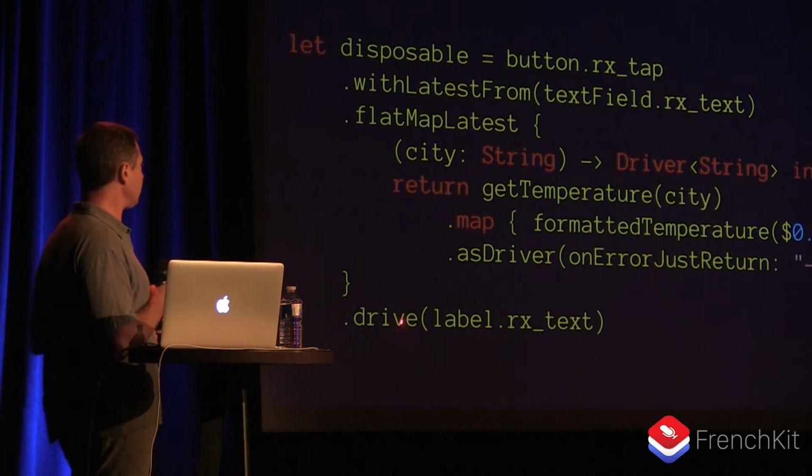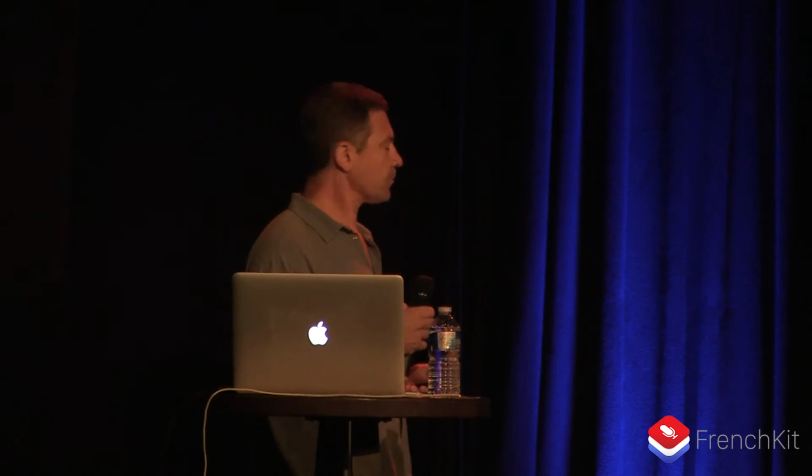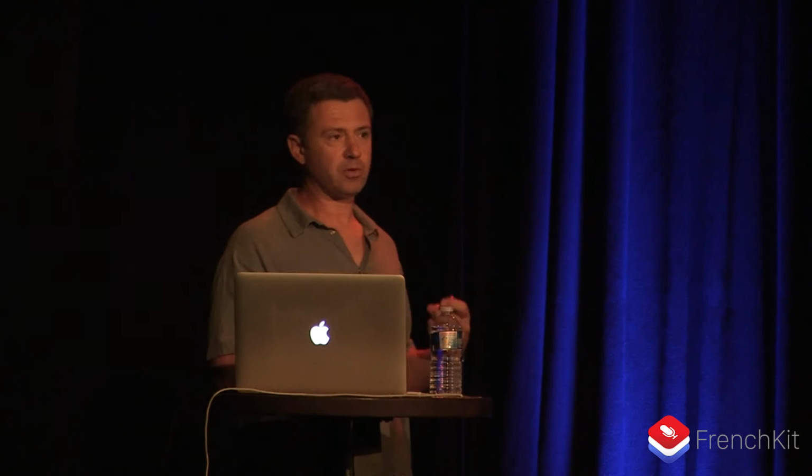Instead of bind, we are going to use drive. It's just done to make it clear that we are using a driver. We could have used the bindTo API that existed before, but it's just more clear. So Driver is ideal for driving the UI. I recommend that you explore this when you get more familiar with Rx.